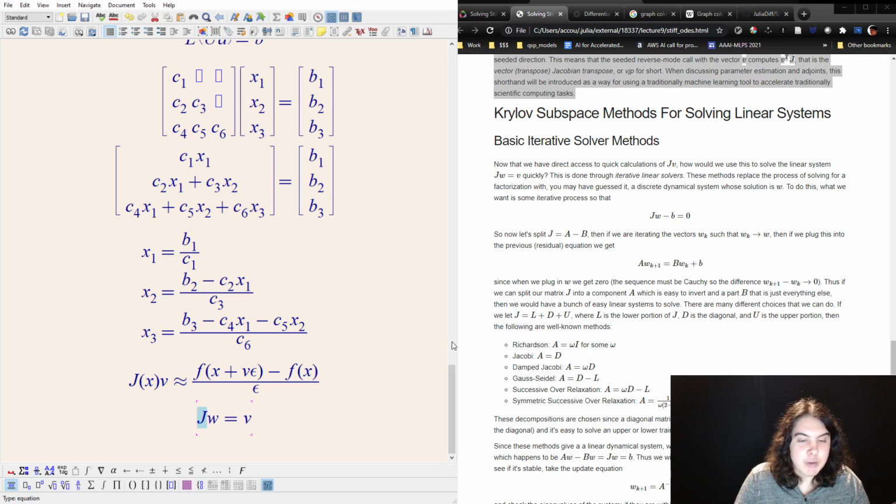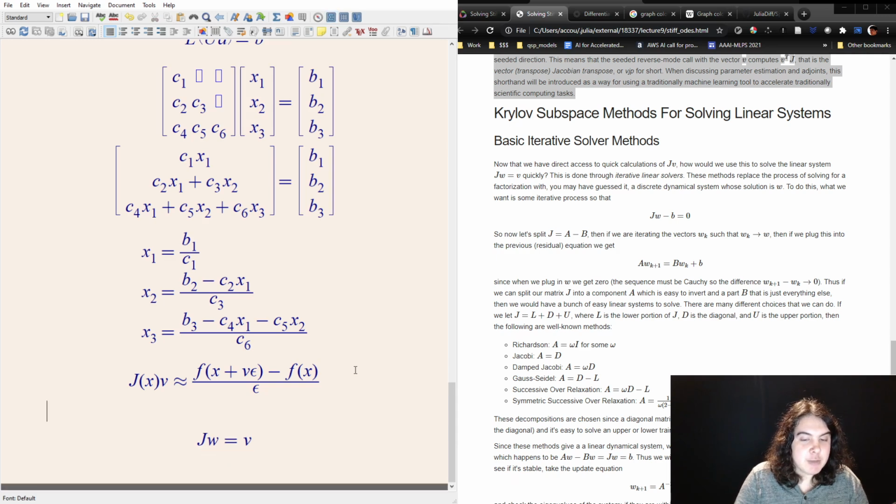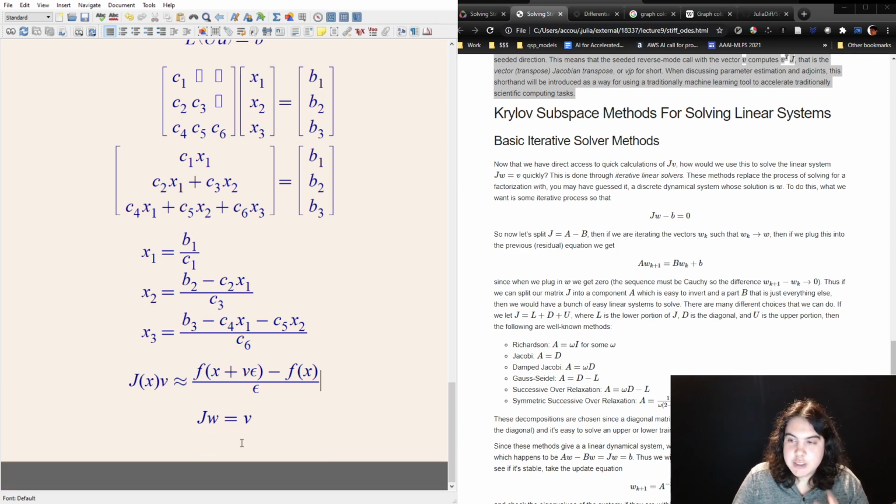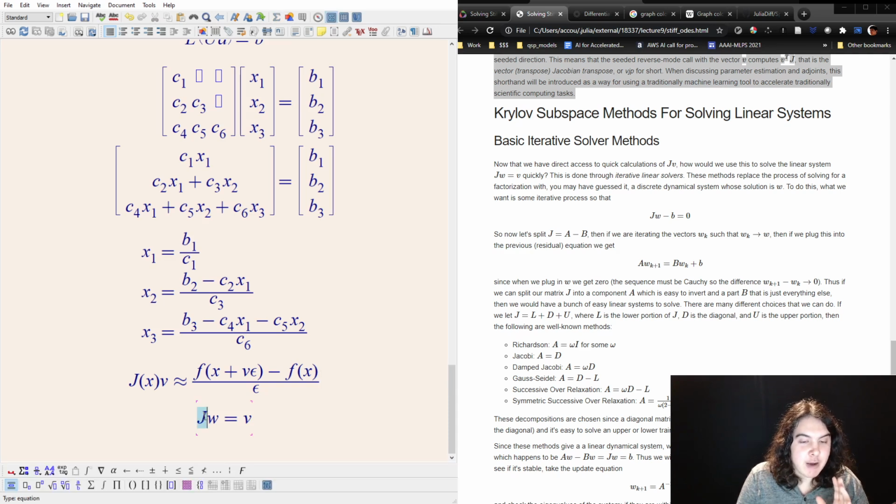The only thing we have available is to calculate J times X. If you give me a vector X, I can calculate J times X, but I don't know what J itself is. So can we solve a linear system with only the information about how the Jacobian multiplies against other vectors?